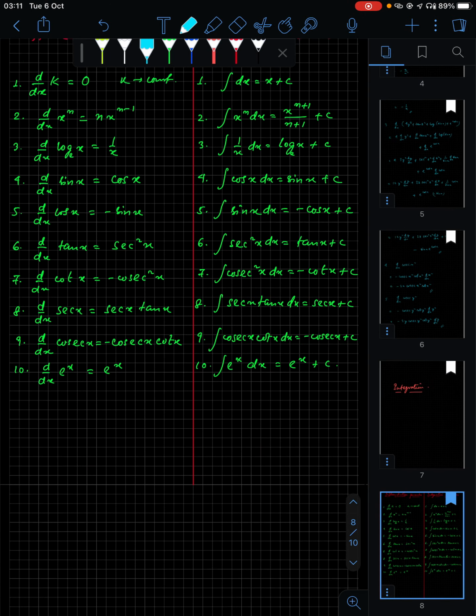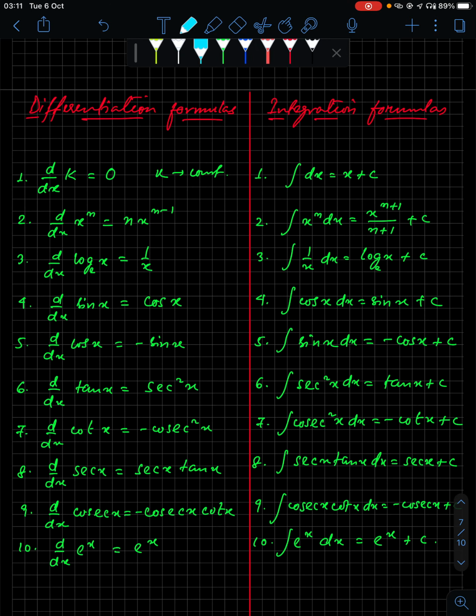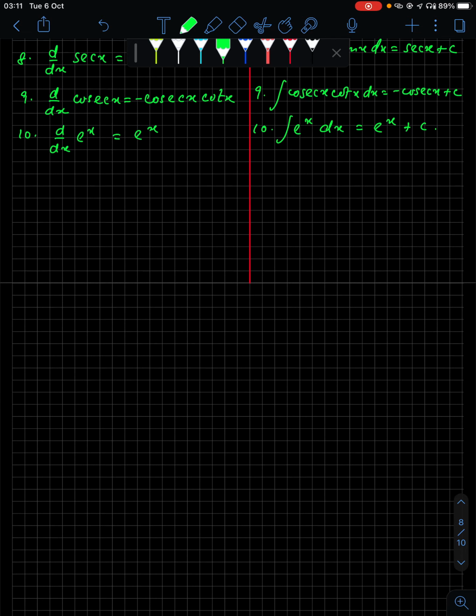So you have it here. You can go through the right section, the integral calculus formulas. So we can move to question number 1.